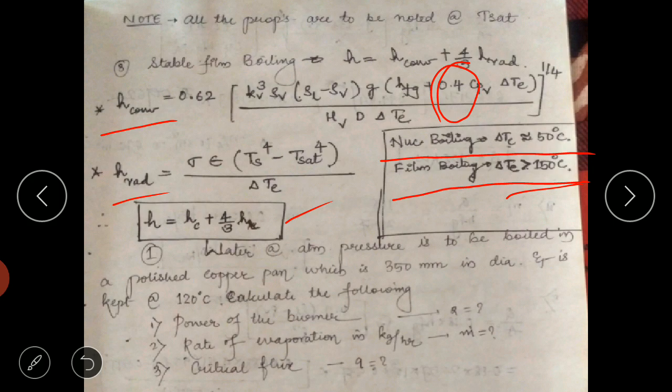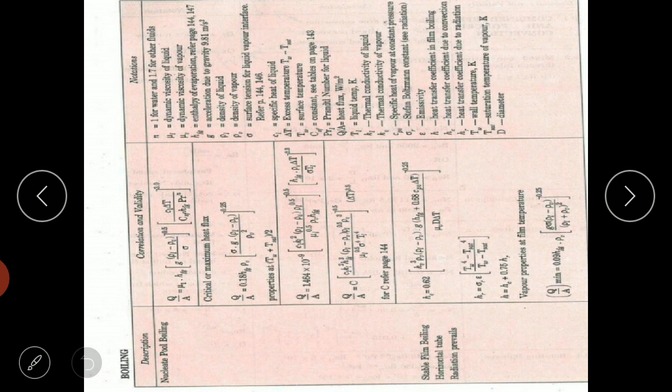Okay, in the next class we'll take up one problem and try to understand how to use the data handbook. In the exam, we'll get two types of problems: nucleate boiling and stable film boiling. You can see I have attached a page from the data handbook. There will be two types: nucleate pool boiling and stable film boiling.